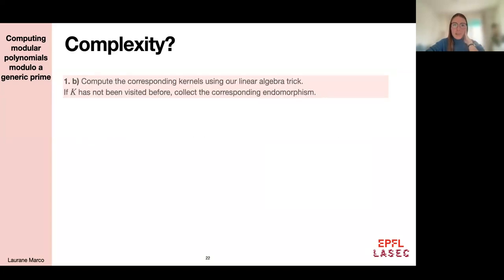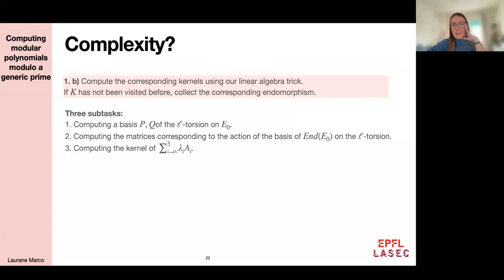For the second step, computing the kernel of the L isogeny using the linear algebra trick, we can decompose it into three subtasks. You need to compute a basis of the L torsion on E0. You need to compute the matrices that correspond to the action of the basis of your endomorphism ring on the L torsion. And then you need to compute the kernel of this matrix.